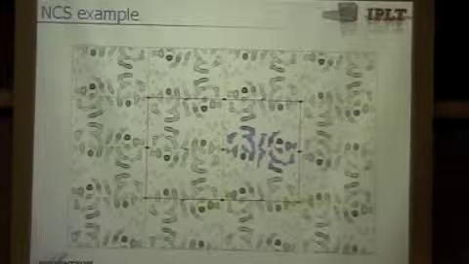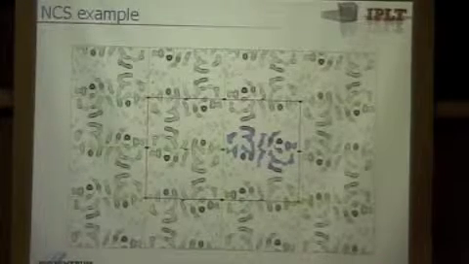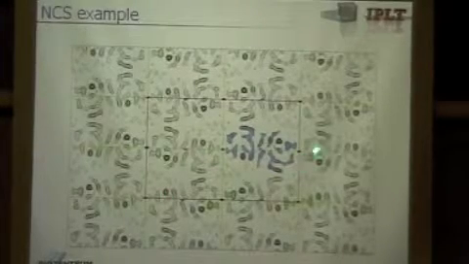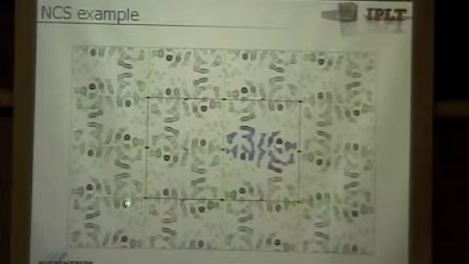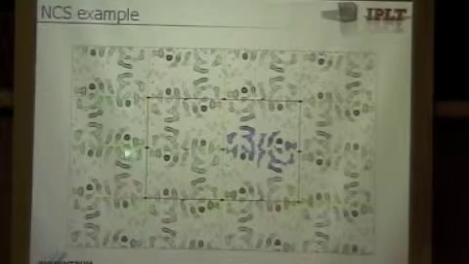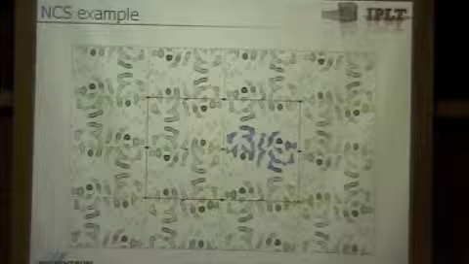That's a project I was working on recently. This is a projection map. As you can see here, you have the diameter of your structure of your protein. Here, the red dots are the crystallographic P2 axes.